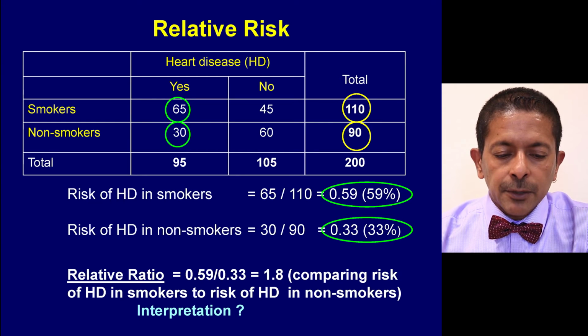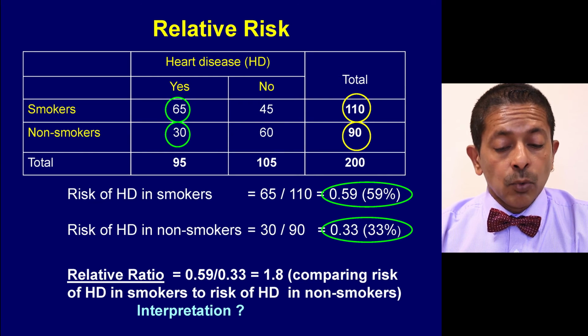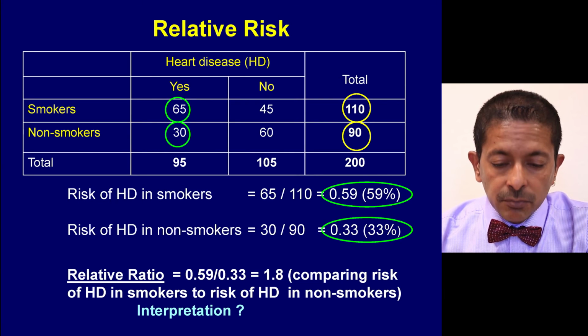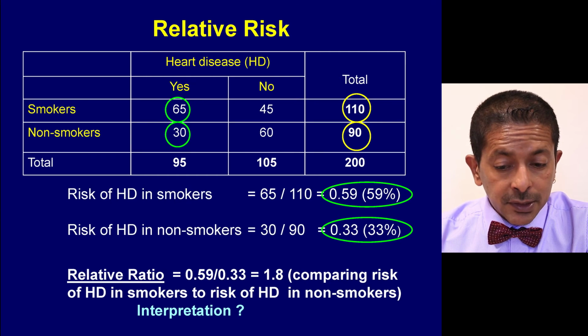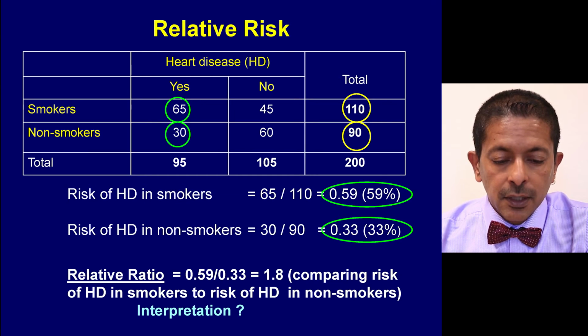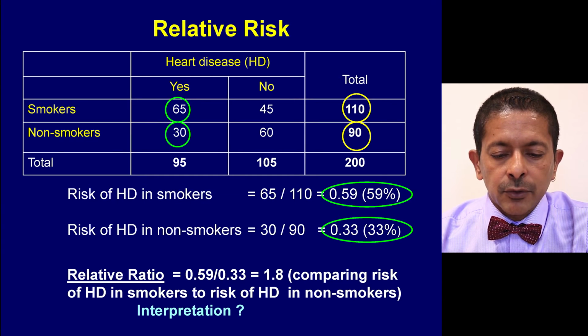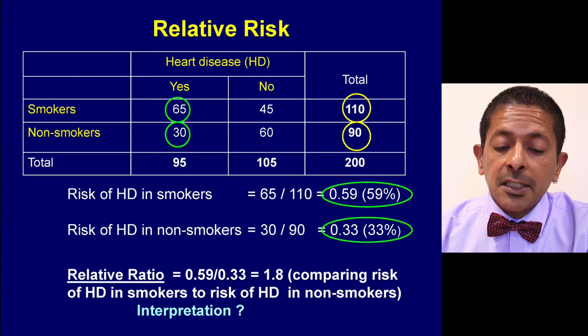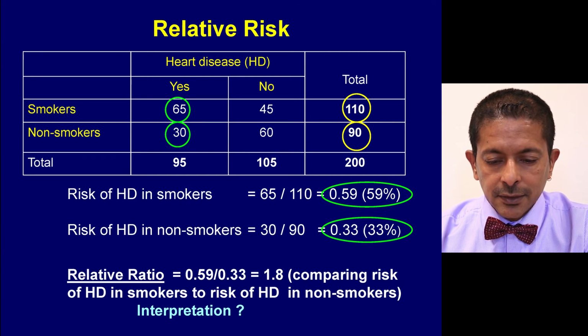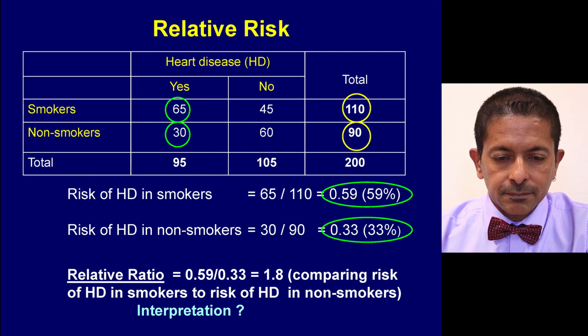And that is comparing risk of heart disease in smokers to the risk of heart disease in non-smokers. And what this means is that smokers have a 1.8 times higher risk of developing heart disease than non-smokers, or in other words, an 80% higher risk. And that's how you interpret this.